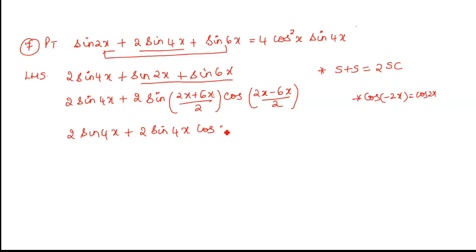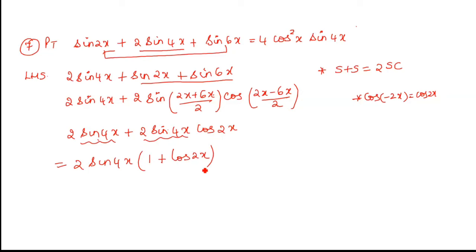So I'm writing cos 2x. Now, what idea comes to my mind here? So I can see that 2 sin 4x is common among the two terms. Take it out. So 2 sin 4x, take out. What is inside the bracket? From this 2 sin 4x has gone out. So therefore 1 remained, plus 2 sin 4x has gone out, cos 2x remained.